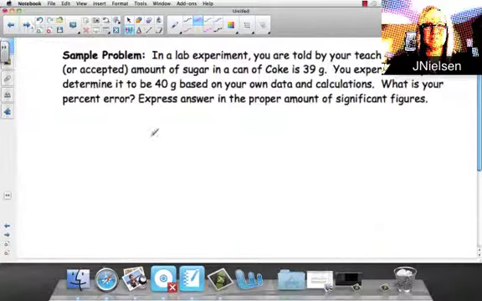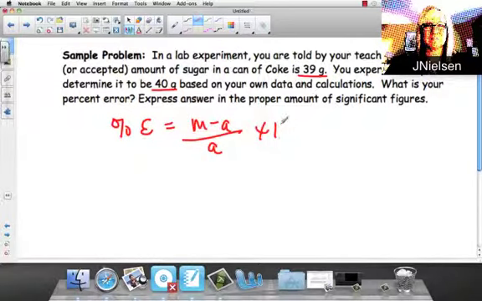Let's just try one to finish up. In a lab experiment, you are told by your teacher that the actual value of sugar in a can of Coke is 39 grams. You experimentally determine it to be 40 grams based on your own data and calculations. What is your percent error? So percent E equals measured minus accepted over accepted times 100.